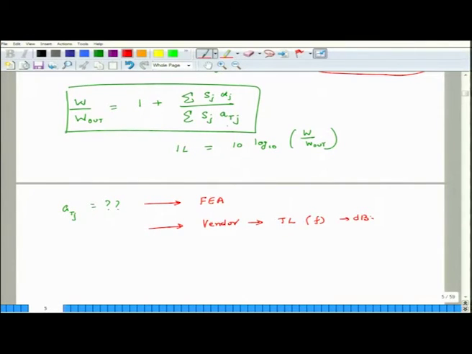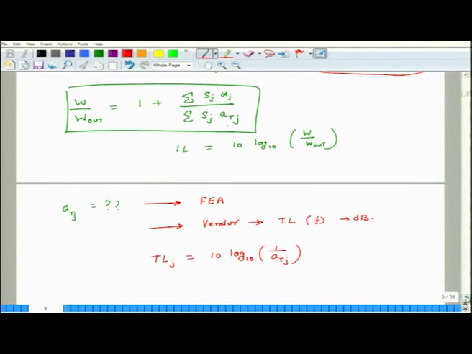This is in decibels. So, again, the relation between transmission loss and ATJ is this. The transmission loss for the jth wall is 10 log of 1 over ATJ. Okay.